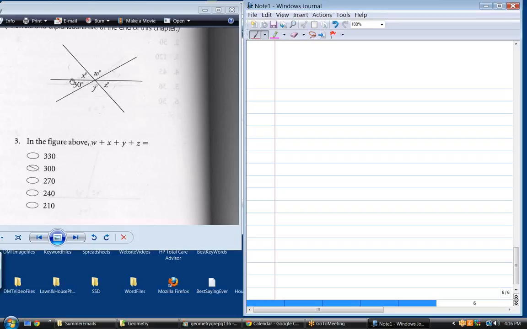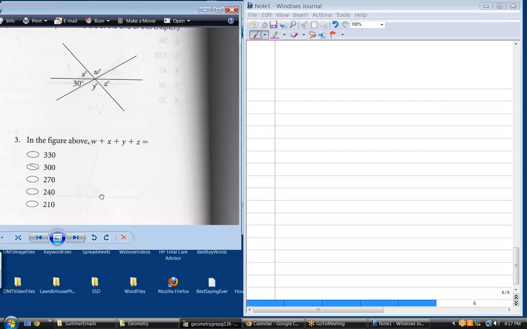It would be 360 around the entire thing. 330. This one's also 30. You have to subtract both of the 30 degree angles from 360. So 300. 300, exactly. Okay.